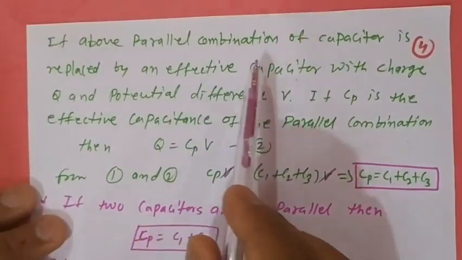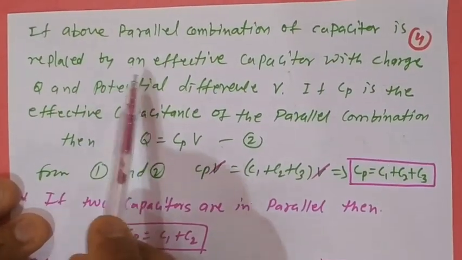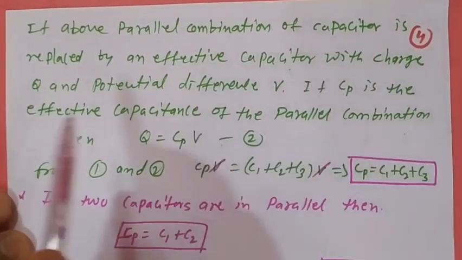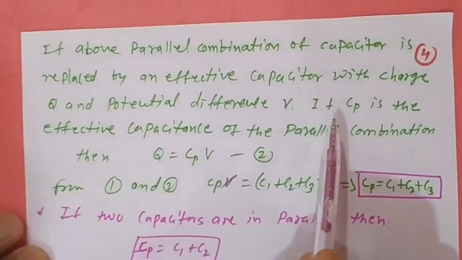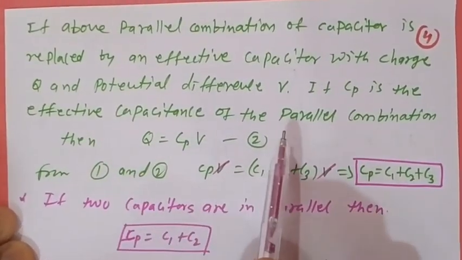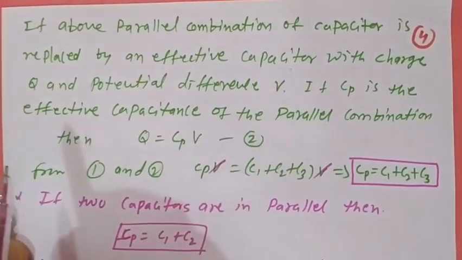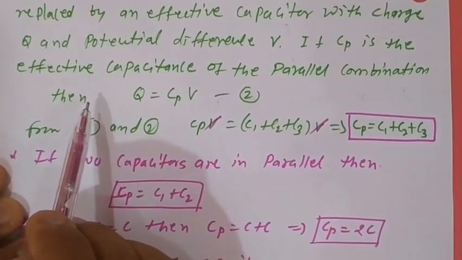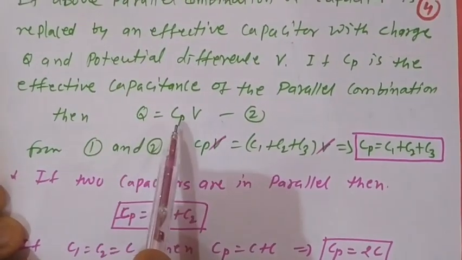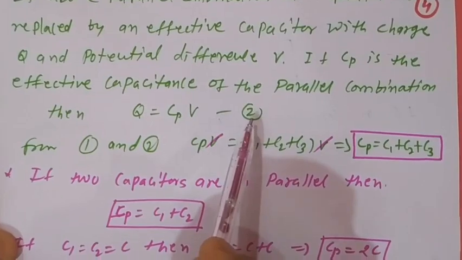Equation number 1. Suppose the above parallel combination of capacitors is replaced by an effective capacitance with the charge Q and potential difference V. If Cp is the effective capacitance of the parallel combination, then the charge on capacitance Cp is Q equals CpV. This is equation number 2.